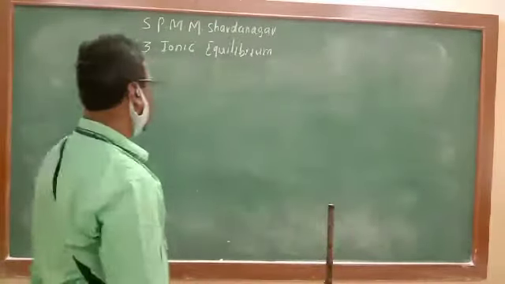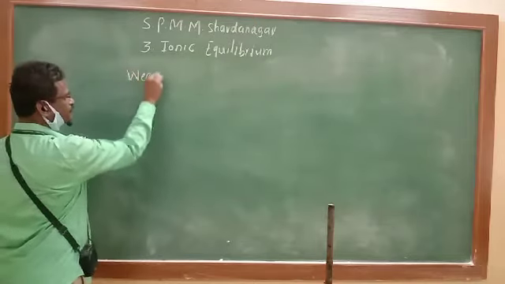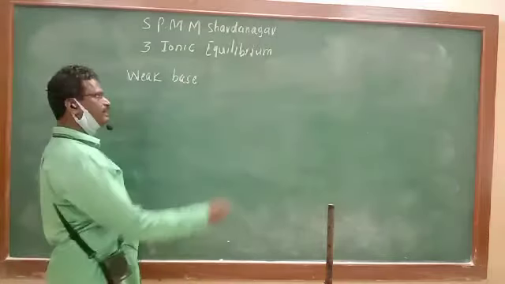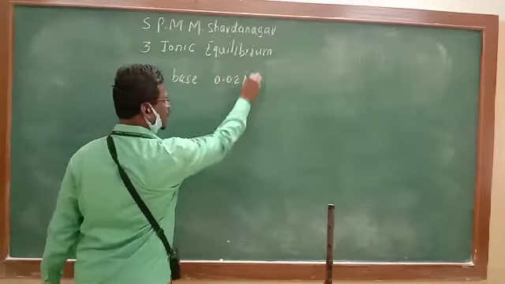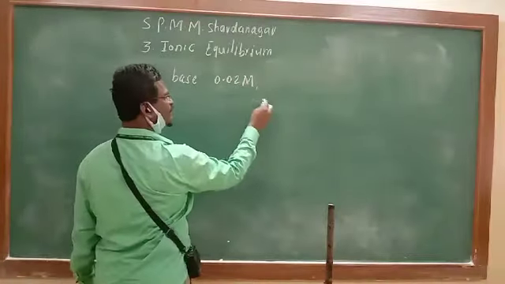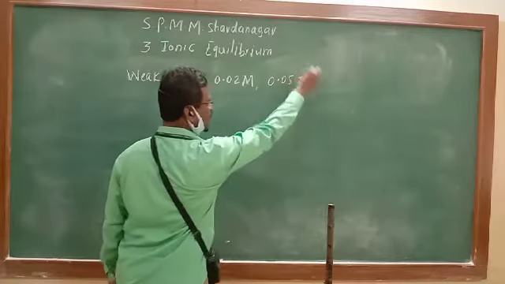Let us consider the other case: a weak base which has a concentration of 0.02 molar and percent alpha is given as 0.05% dissociated.